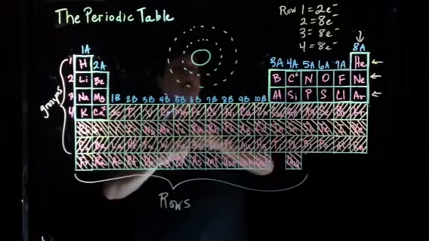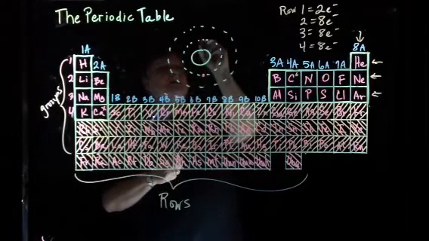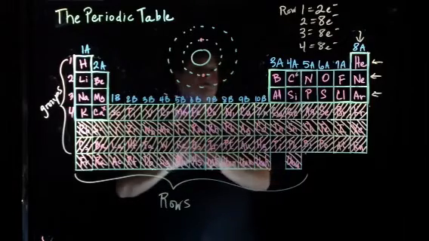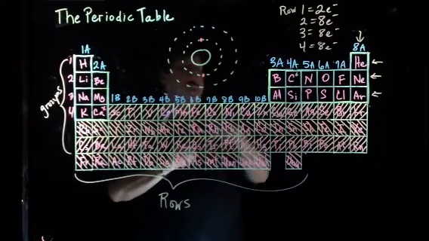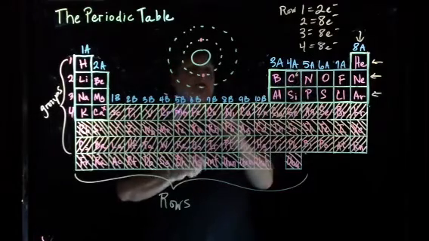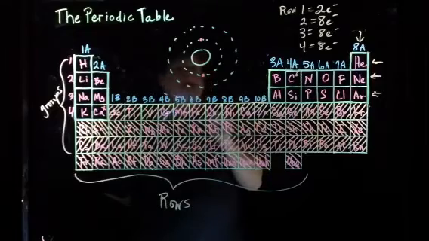So in row 2, I can have 2 electrons there. I know I've got 2 electrons there because I have a second orbital. So the first one, again, must be full. The outer orbital, this valence orbital, I need to follow what it says here on the periodic table. It says that it has 6.